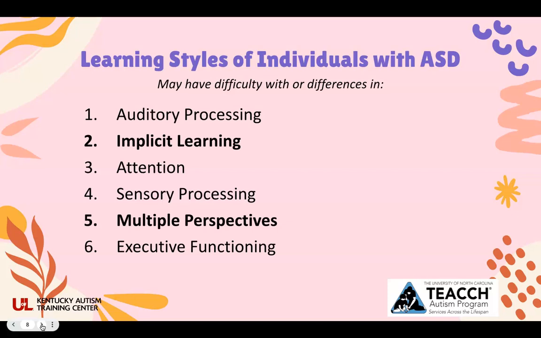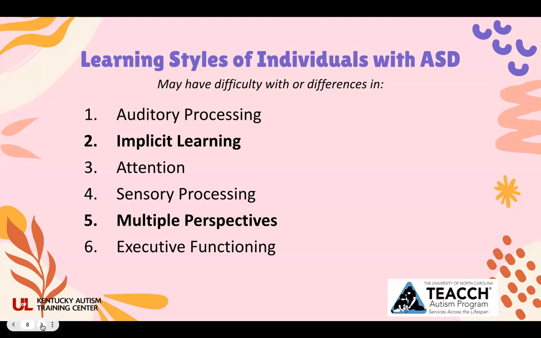And this is coming from TEACCH, which is out of UNC Chapel Hill. For those of you who are familiar with it, they are a big hub for evidence-based research, and just ongoing research into learning how autistic individuals learn best, what environments will help them succeed better, and all the different facets.